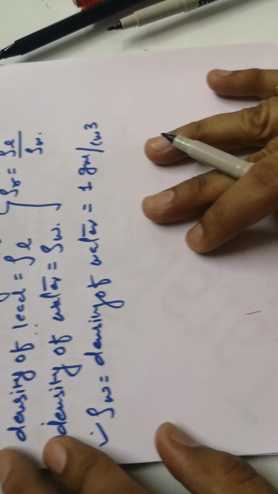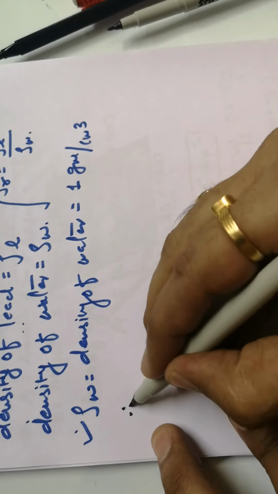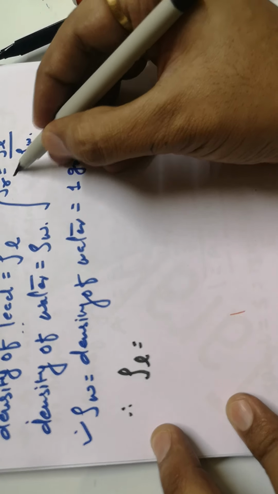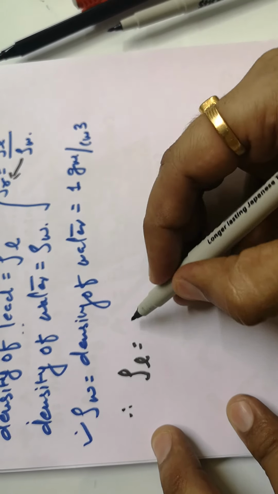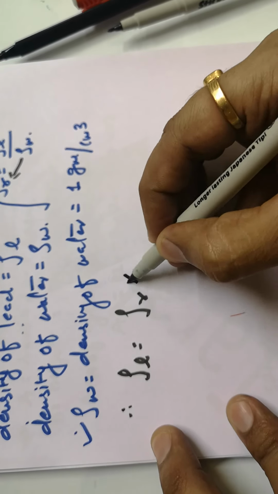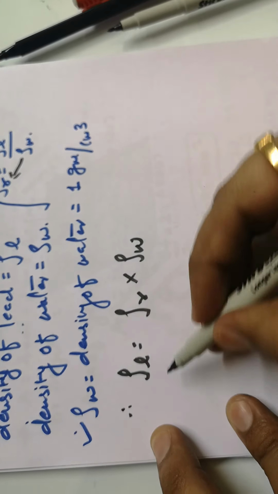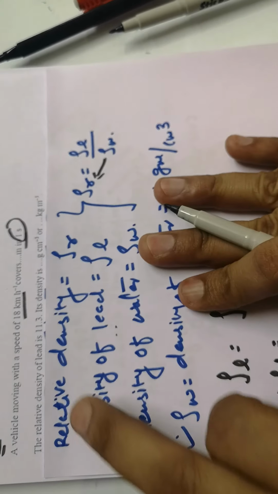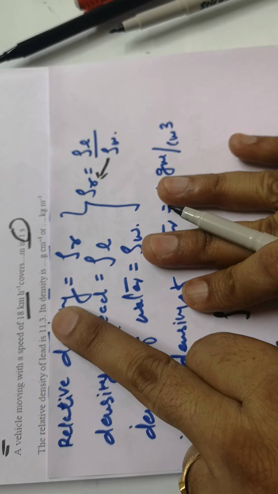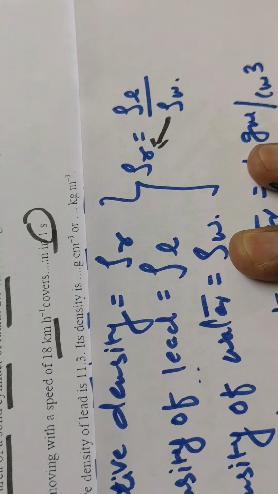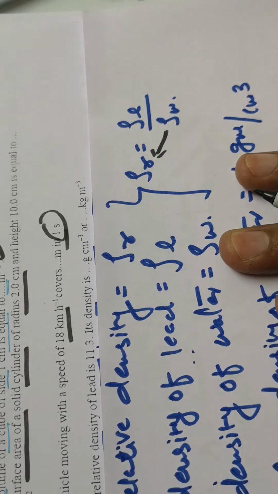Now, taking all those data, I want to find the density of lead. So that would be a cross multiplication. I can have rho of L is equal to relative density multiplied by density of water. In my example, they have mentioned the relative density is 11.3, and I have to find my answer in terms of gram and kilogram as well.